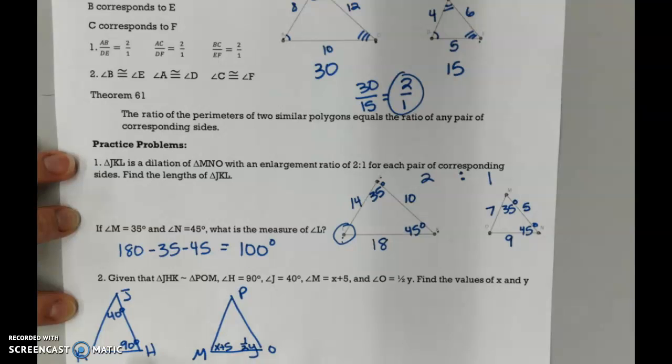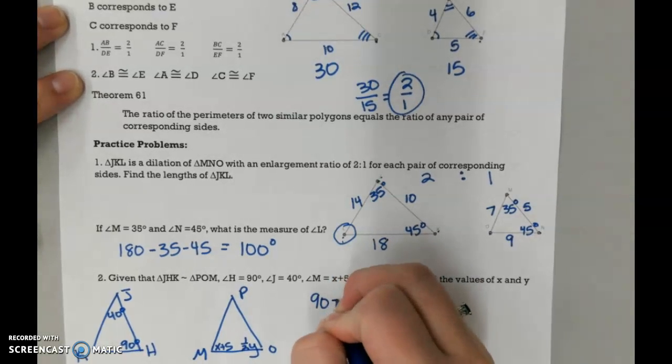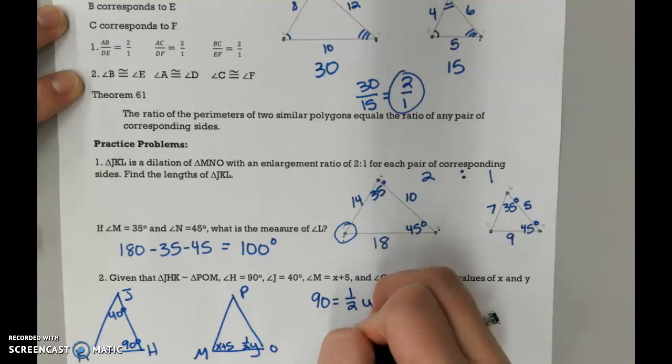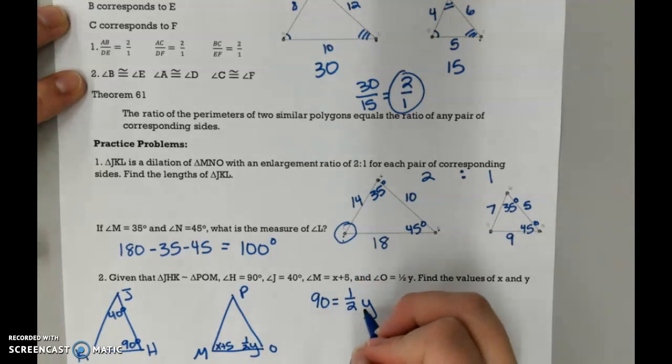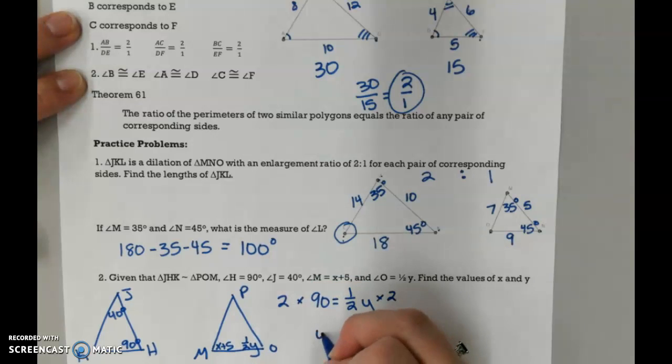First of all, we know that angle H and angle O are corresponding, and because they're similar triangles, they are congruent. So I can say that 90 is equivalent to 1/2 y. Then I multiply by 2 on both sides to get rid of that fraction, and I get that y is equal to 180. Now I need to solve for x.